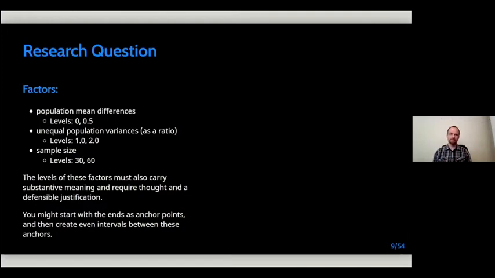You can go smaller or larger, whatever's going to help you get some sort of meaning or understanding of the results of your simulation. And it's always important to stop and think about the levels of your factors that you choose to include, because they should carry some sort of substantive meaning. And I would also argue at least some of the levels, if not all of them, should have a defensible justification. So why did you choose a population mean difference of 0? Why did I choose a population mean difference of 0.5? I talked a minute ago about why I chose 0, so I can actually assess the false positive rate.